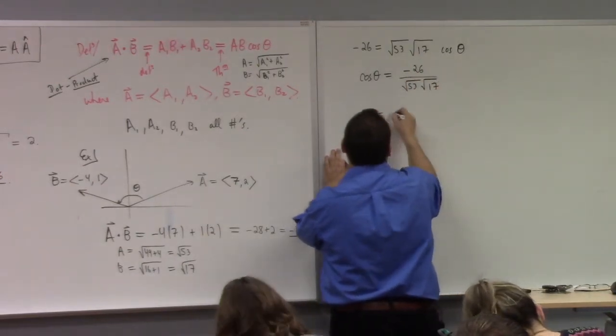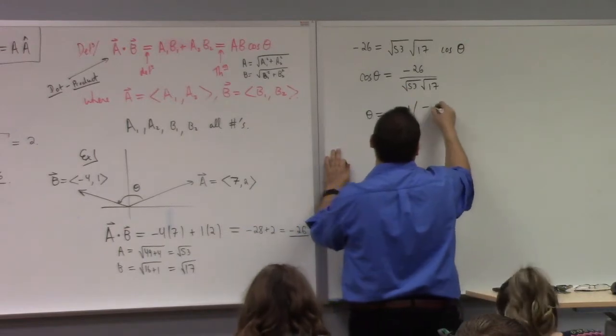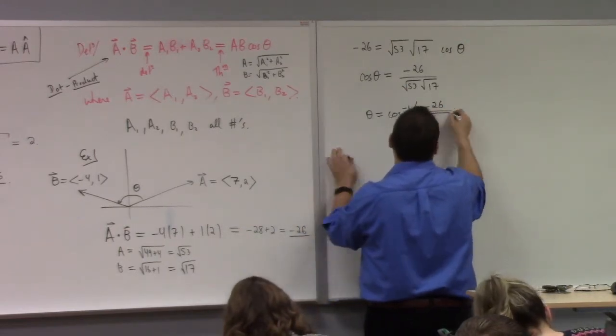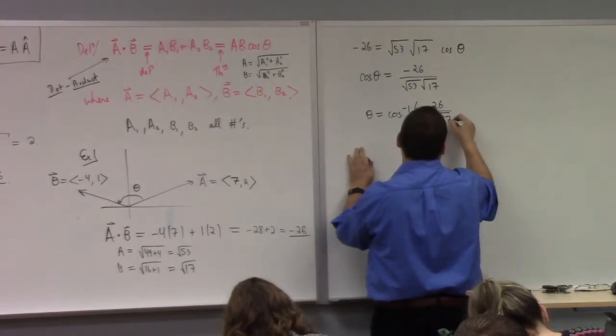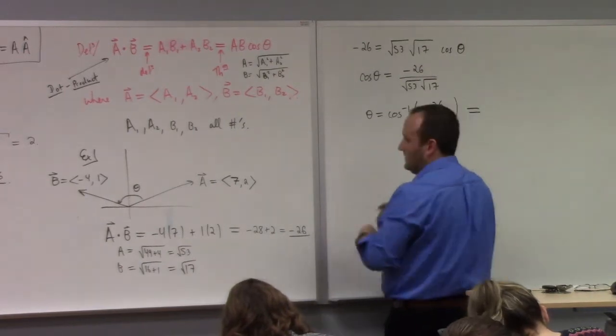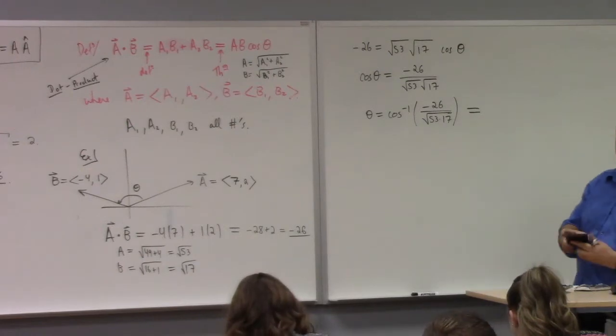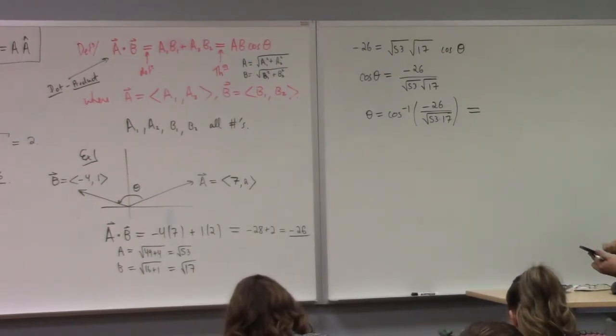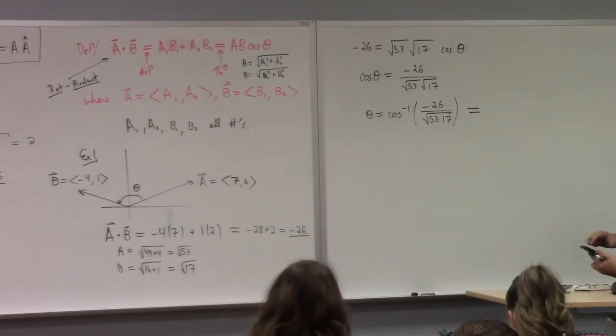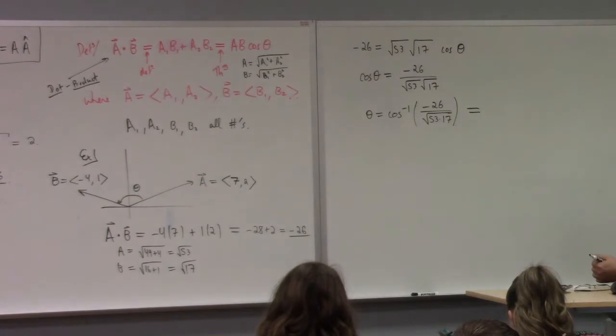So theta is inverse cosine of minus 26 over the square root of 53 times 17, which is, this sounds like a job for Google. Inverse cosine of minus 26 over the square root of 53 times 17.